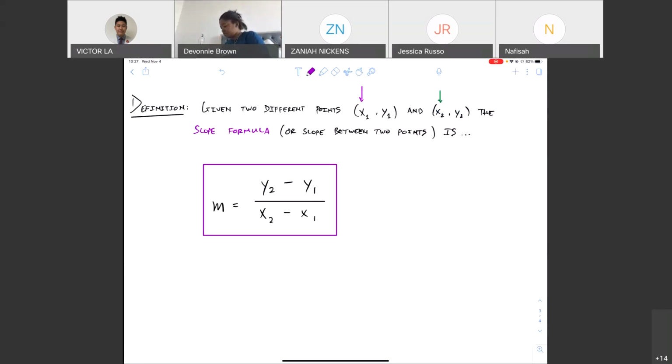And what else? Yeah, you need to be able to recognize this formula and manipulate it and do what you need to do with it, right? All right.